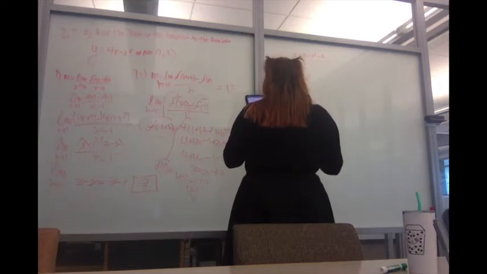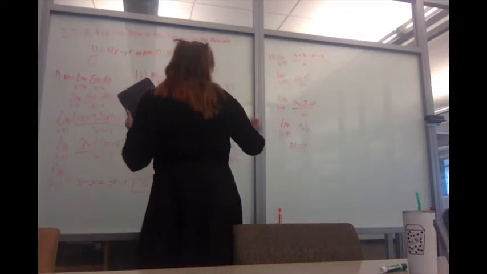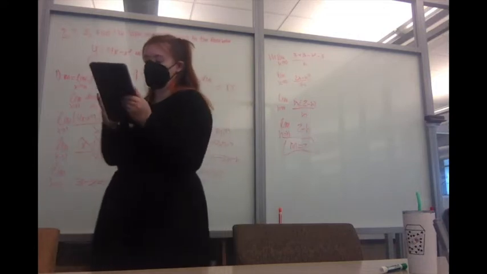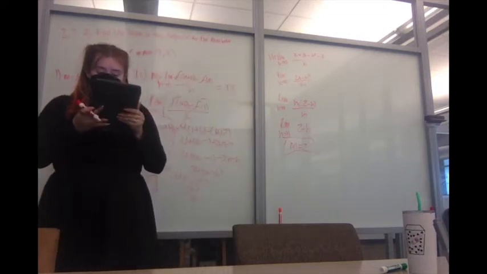The h's cancel out, and you get m equals 2. So I got 2 with both methods, which made me think I did it right because I got the same slope both ways.